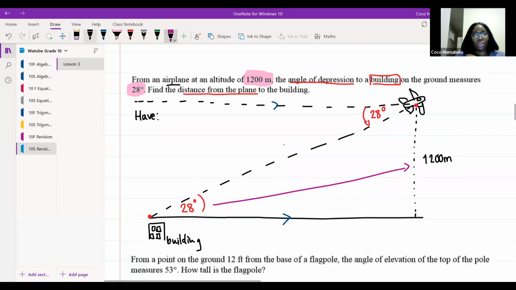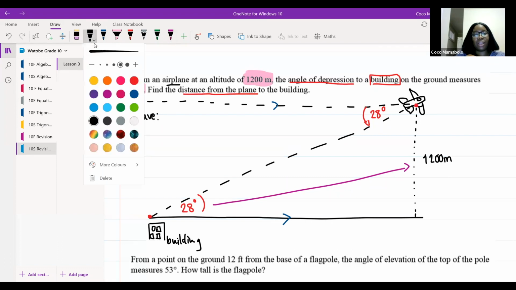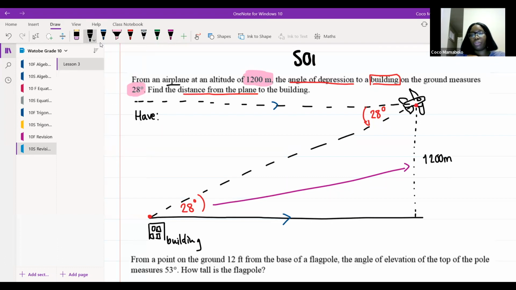Good. Just remind everybody that we are SOHCAHTOA-ing. Nothing has changed. We just need to look at it from the perspective that they've given us here. They have given us our theta, our angle, and they've given us our opposite side.